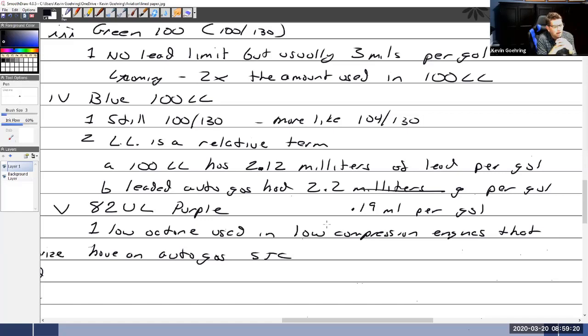I saw a lot of engines that ran on car gas and a lot of engines that ran on avgas, and I never saw a correlation between the two. More likely, it's going to be some of these other things we're going to be talking about, how the pilots are operating their engines and the temperature ranges that they're allowing them to operate in. So I don't know, but to Steve's point, do I run car gas?